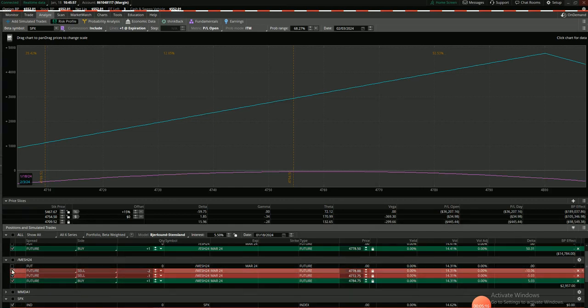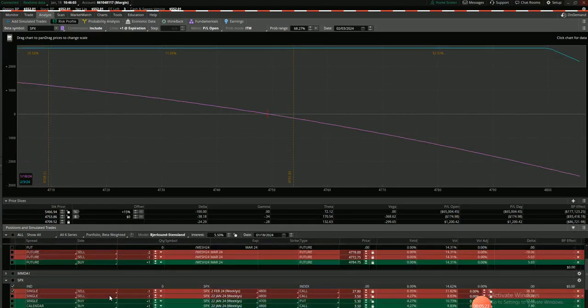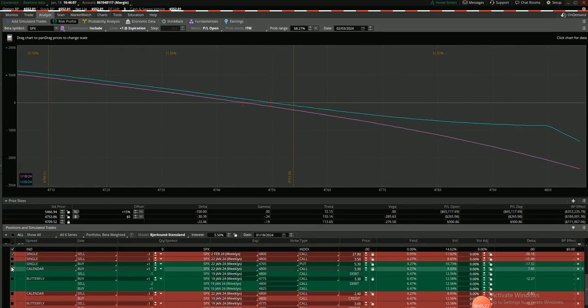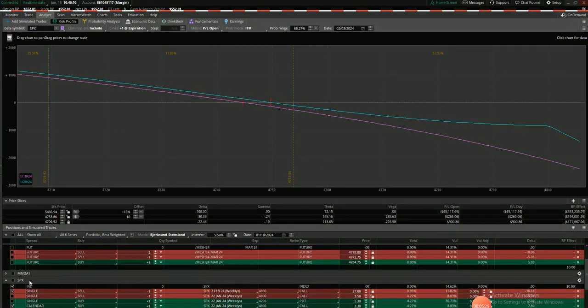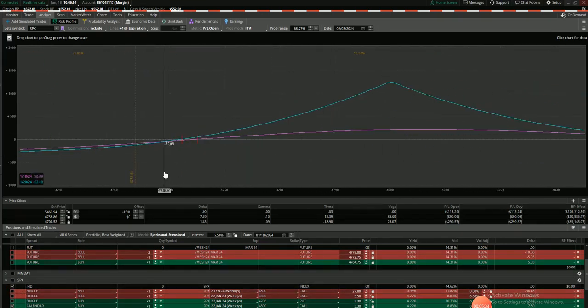Now, I've also got a couple of other trades in here. Let's look at these. I got this calendar right here. And, oh, hold on. Let's not short that. See the calendar here. This trade I put on earlier. It's 4,800, so we could make a move up.